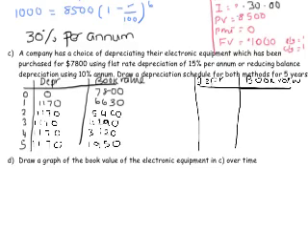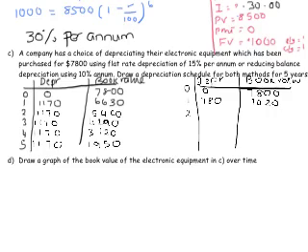So after 0 years, depreciation is going to be 0, book value is going to be 7,800. After 1 year, it's going to depreciate by 10%. So 10% of 7,800 is 780. Book value is going to be 7,800 minus 780, which is 7,020.